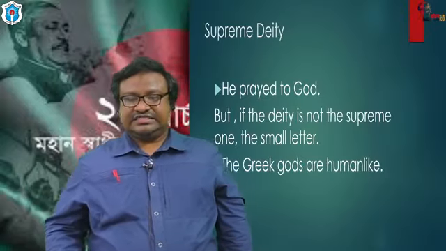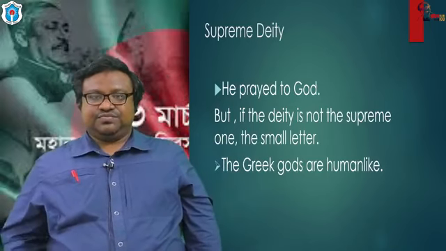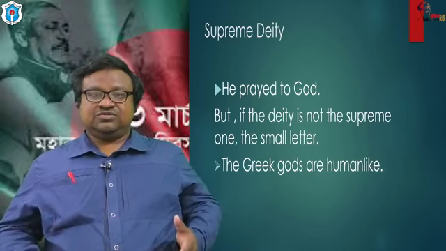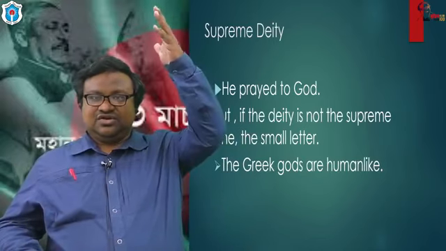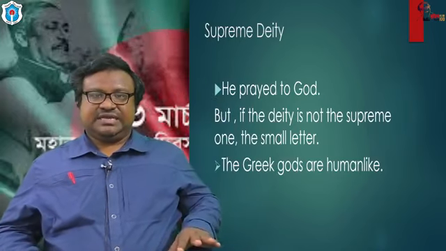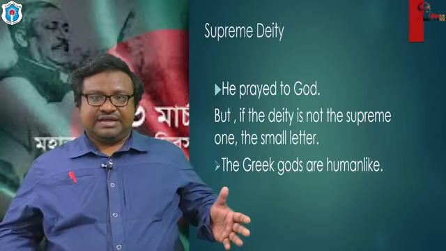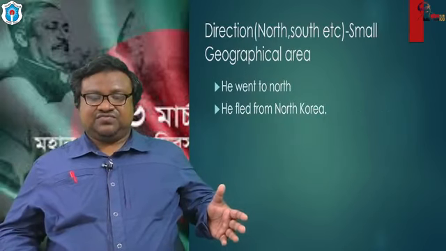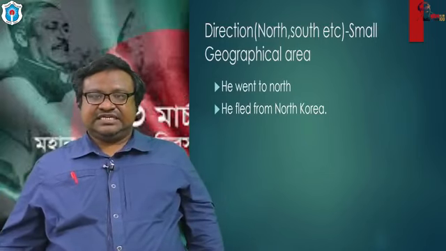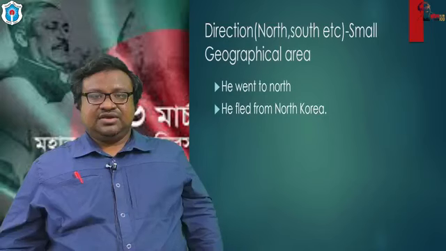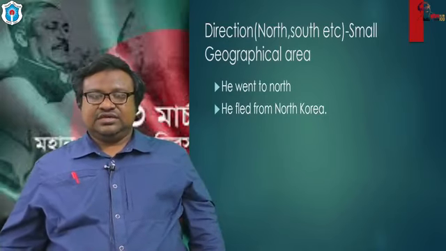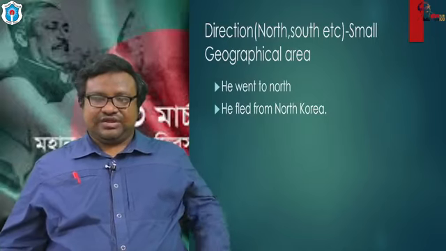So students, let's have a quick review. We see some contrast: when we use the name of the supreme deity, like God the creator himself, we capitalize, but when we speak about lesser gods, we do not. When a direction is mentioned normally in a sentence, like I am going to the north, we do not use a capital letter.